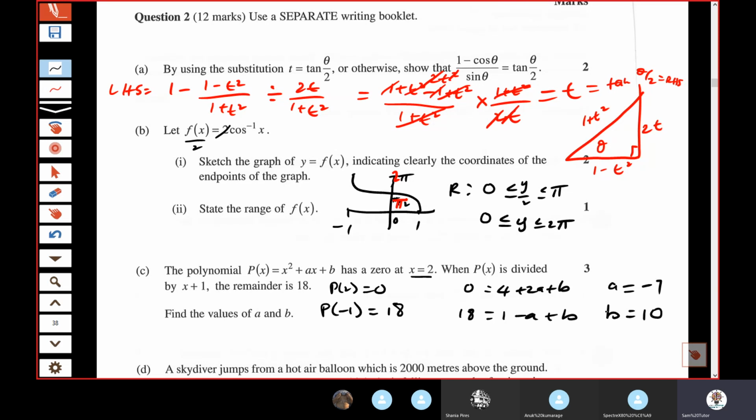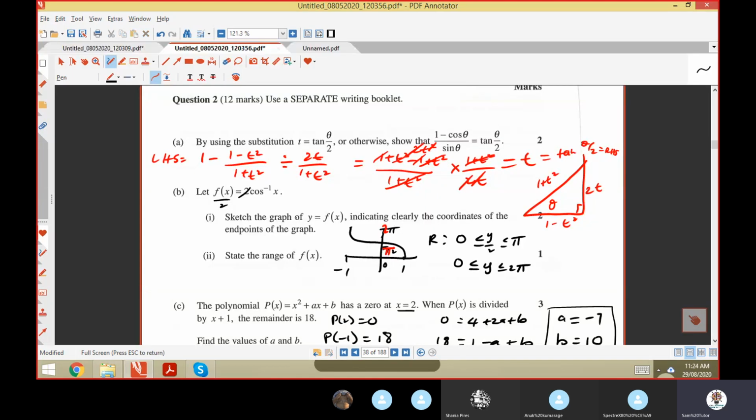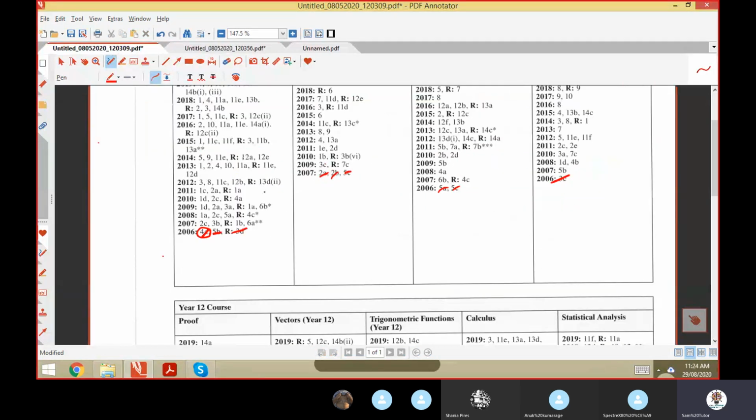Yeah, looks right. Any questions? A, B, or C? All right. Emily, all good? Let's try the next block.